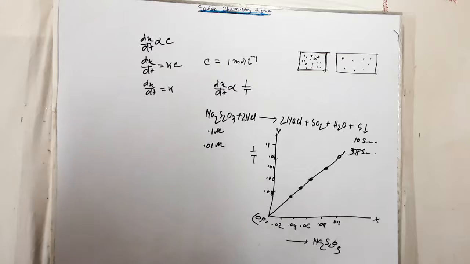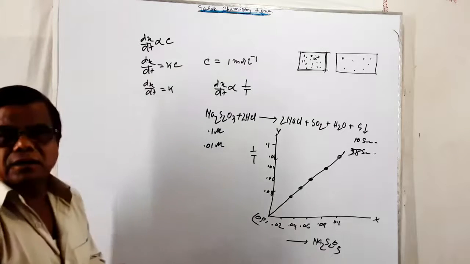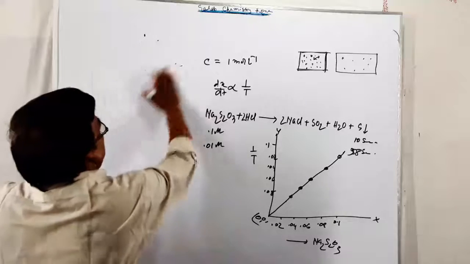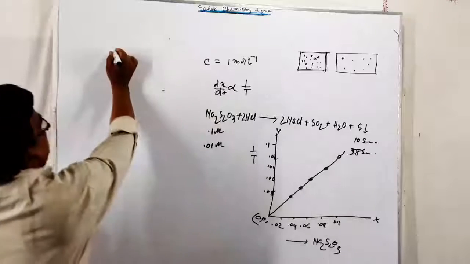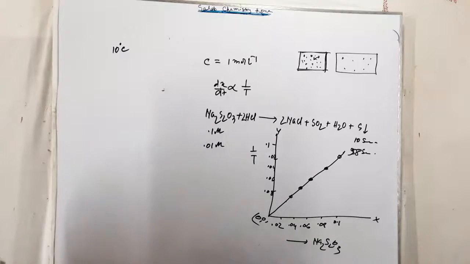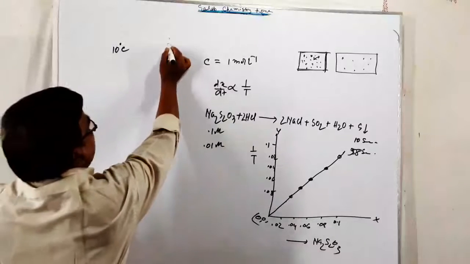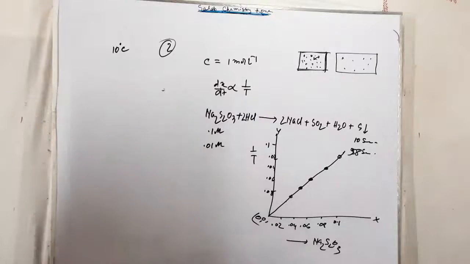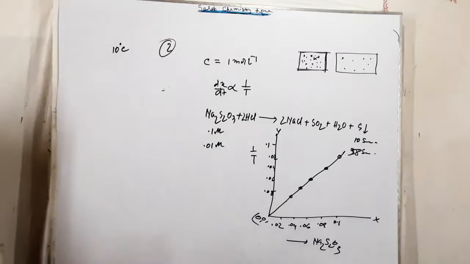Now I shall discuss how the temperature influences the rate of reaction. If the temperature increases by 10 degrees Celsius, then the rate of the reaction doubles.